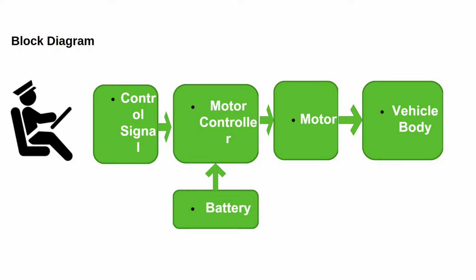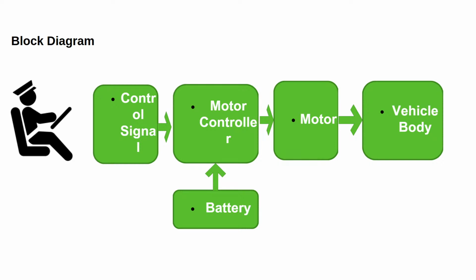The control signals from these components are fed back to the vehicle's control system, which adjusts the power output from the motor and the regenerative brake system to maintain optimal vehicle dynamics and efficiency. For example, if the vehicle is turning, the motor controller may reduce the power output to prevent the wheels from slipping and maintain traction.